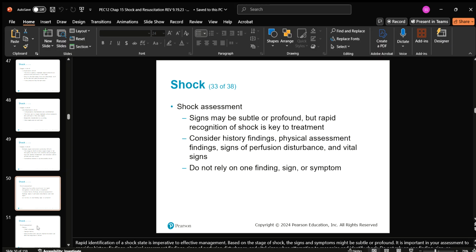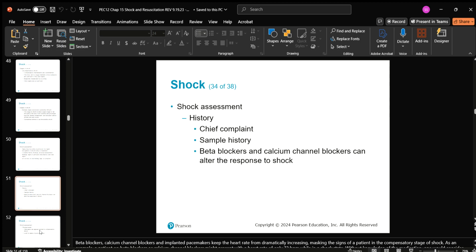But if they're pale, cool, clammy, and they're having difficulty breathing, or increased respirations, narrowing pulse pressure, and then when we check their history to find out what's going on, that OPQRST SAMPLE, we're going to use all of these tools to determine if they are in shock. Beta blockers and calcium channel blockers can alter the response to shock. This is for patients that have heart conditions, so that's something to take into consideration.